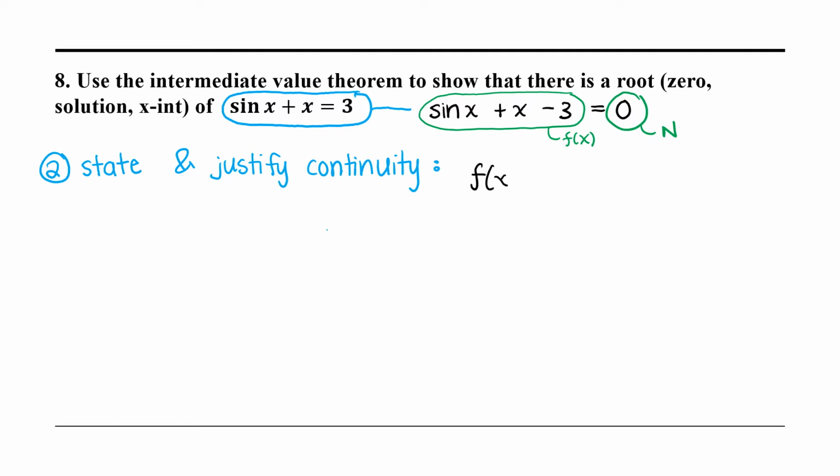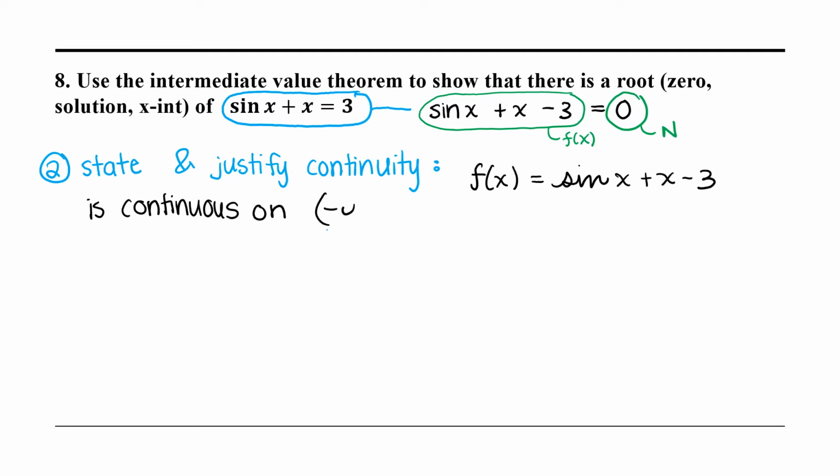So we need to say that f of x is equal to sine of x plus x minus 3 is continuous on the interval from negative infinity to infinity, because this is continuous for all real numbers, and we're just not quite sure what our interval a to b is yet. So we know it's all real numbers, so that'll definitely include whatever smaller subinterval we come up with.